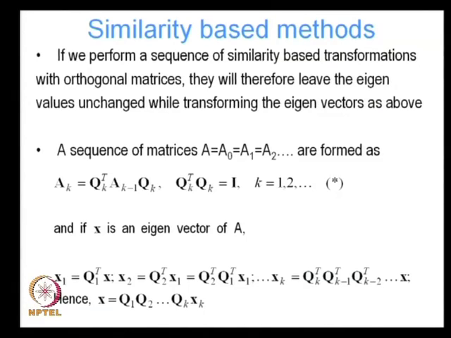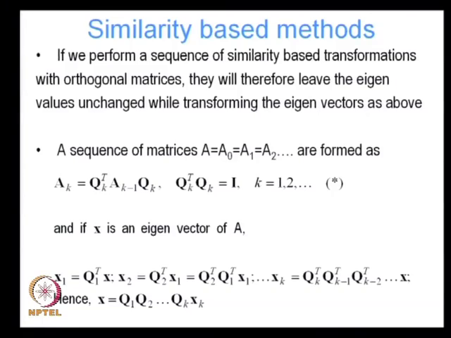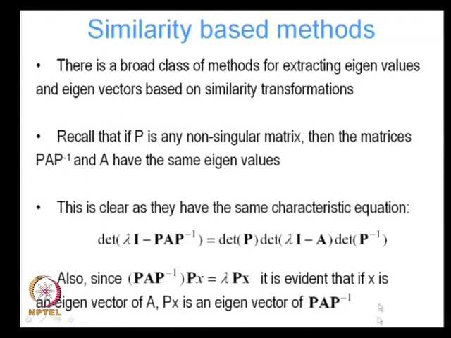So, x1 is q1 transpose x, x2 is equal to q2 transpose x1, and so on up to xk. Similarity transformation means that my eigenvectors are the original eigenvectors times the transformation matrix, right. What is the matrix here? Here it is q transpose. Why is that? Because my similarity transformation is of the form P A P inverse, right, or in case of an orthogonal matrix it is P A P transpose, right.